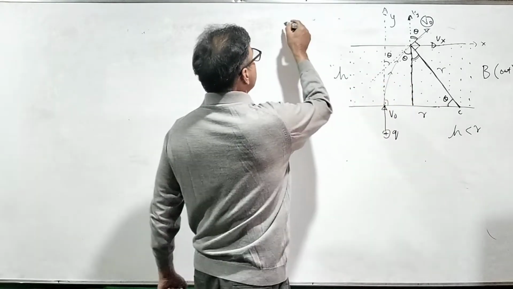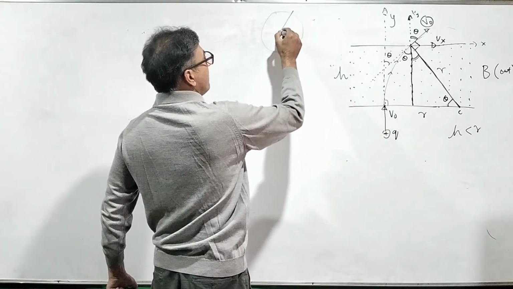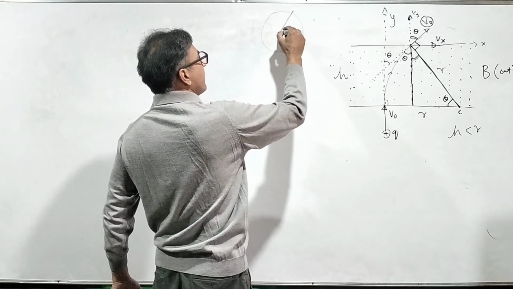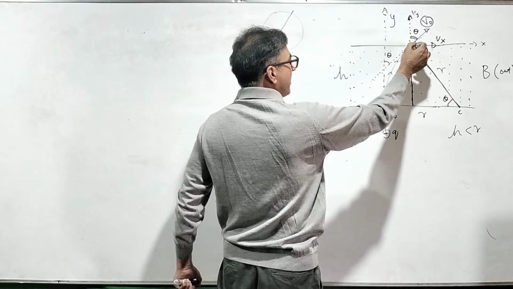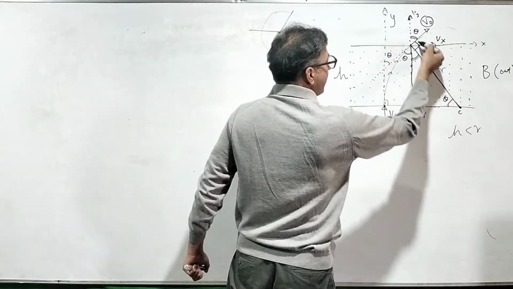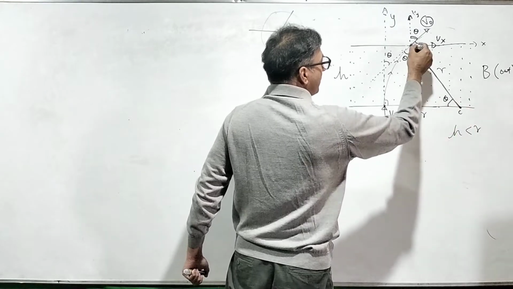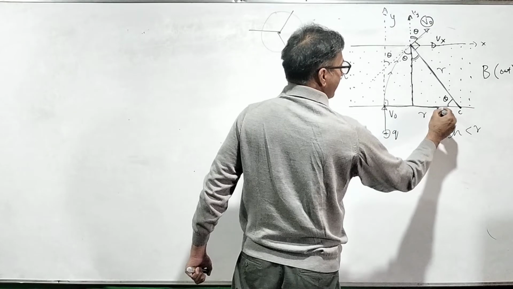It is as if there's a circle. Draw a perpendicular here, it will meet at the center. So this is the center of this arc, and therefore this is the radius of that arc, and this is also the radius of the arc.